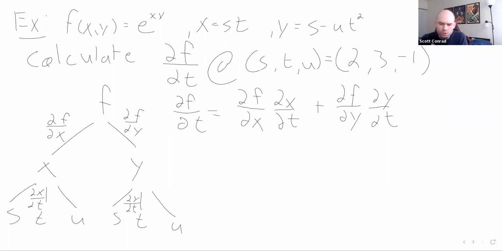So we're still treating x as a function of s, t, and u.